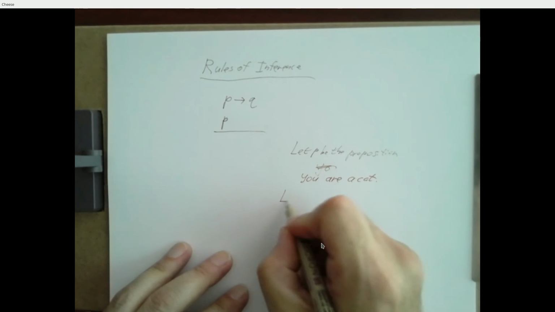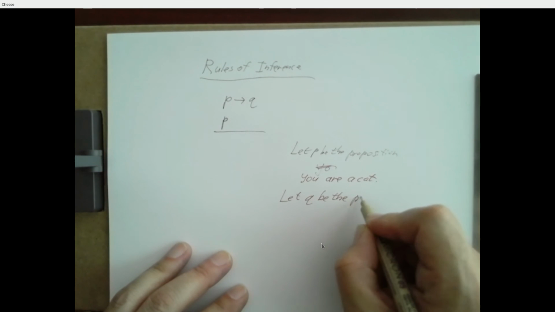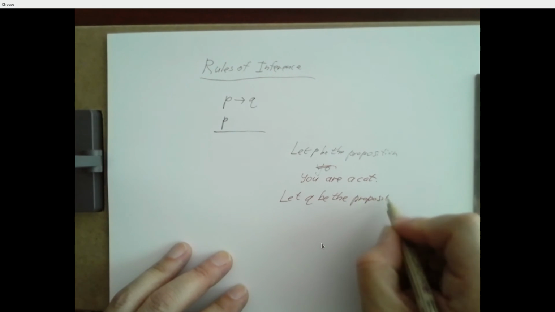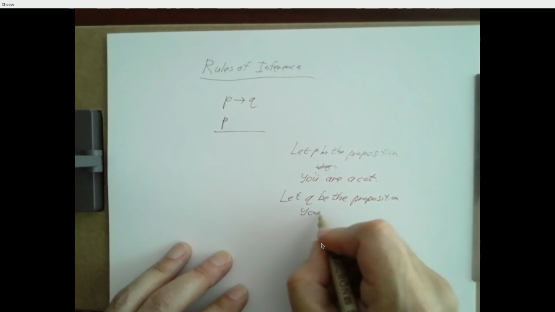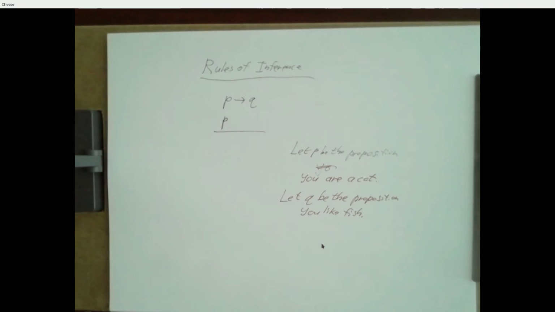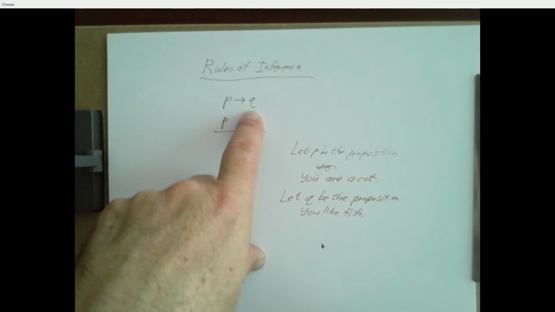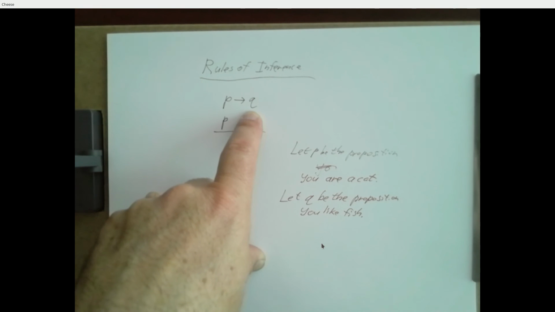And let Q be the proposition you like fish. So P arrow Q is a proposition. What does it say? If you are a cat, then you like fish. If you are a cat, then you like fish. Is that proposition true or false, or don't we know?